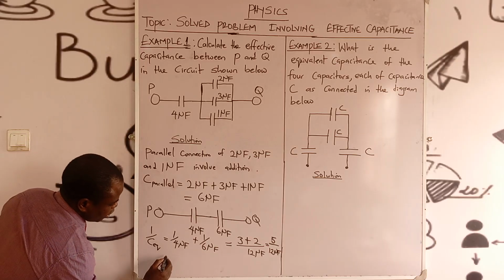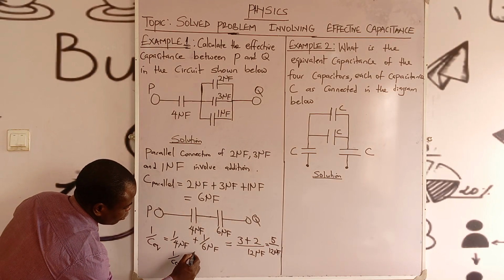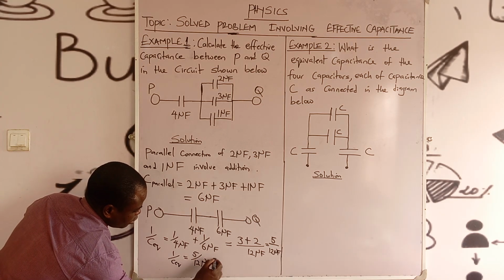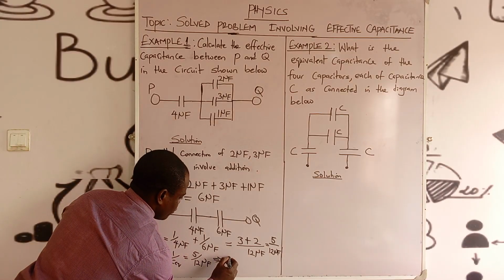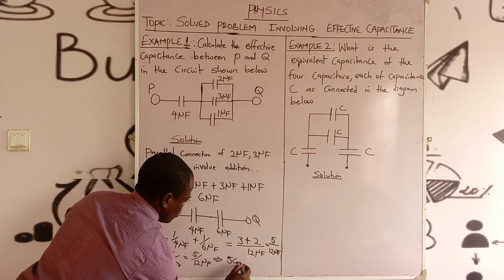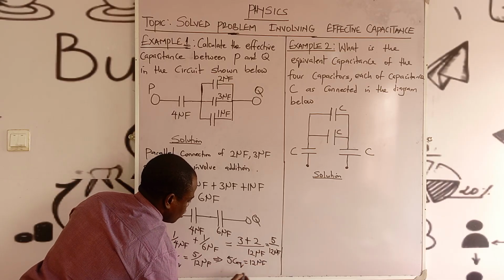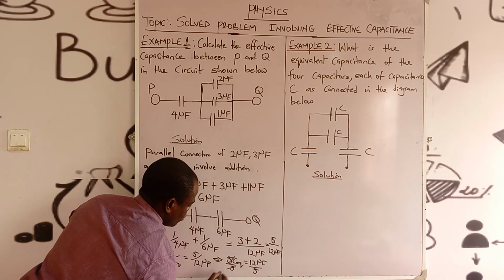Now you cross multiply, because we're having 1 over C equivalent equal to 5 over 12 microfarad. When you cross multiply, you're having 5 C equivalent equals 12 microfarad. Divide both sides by 5. 5 cancels 5.